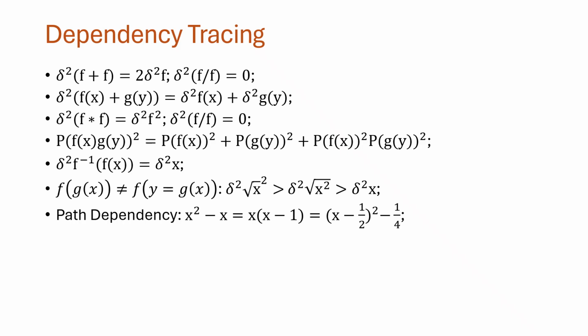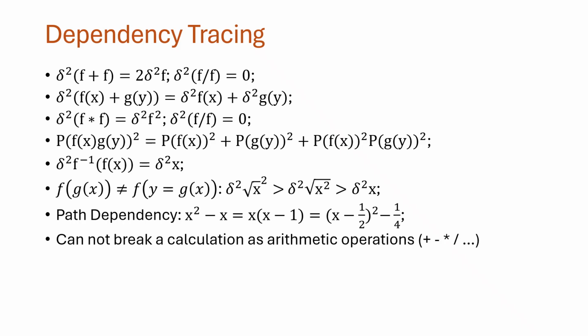Both forms thus give you the wrong result because of the wrong assumption. So that tells us, using StatisticalTaylorExpansion, you cannot break a calculation as a combination of arithmetic operation like a plus, minus, multiply, divide, etc.